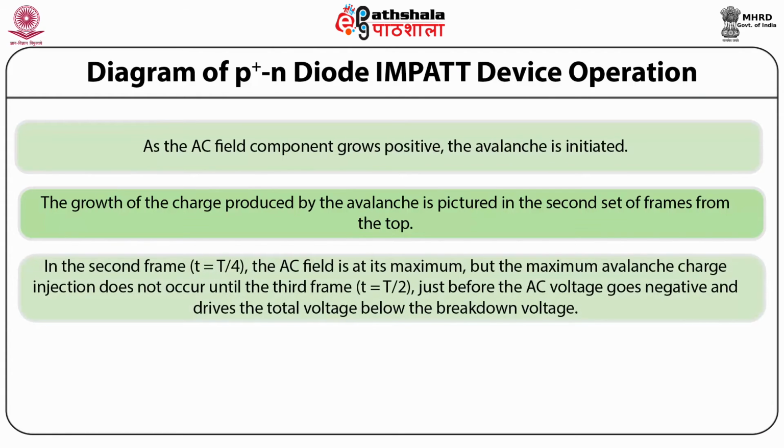In the second frame, the AC field is at its maximum, that is at t equal to T by 4, but the maximum avalanche charge injection does not occur until the third frame, that is when t equal to T by 2, just before the AC voltage goes negative and drives the total voltage below the breakdown voltage.